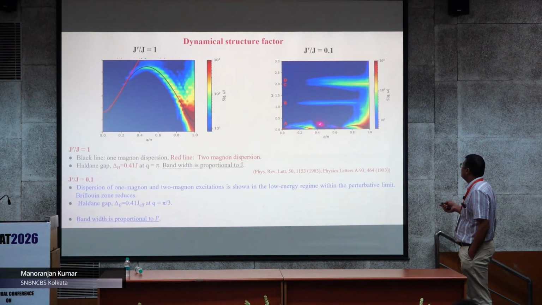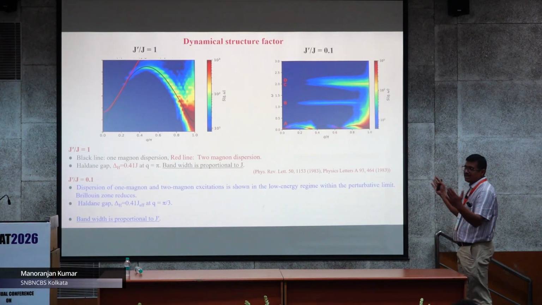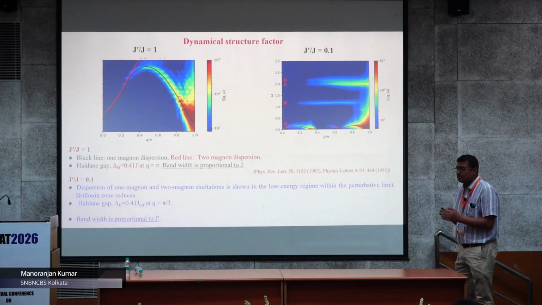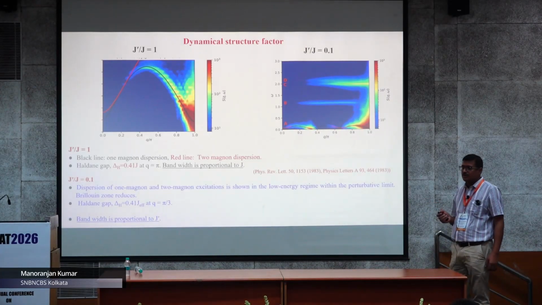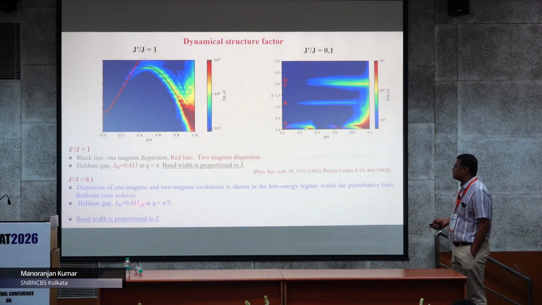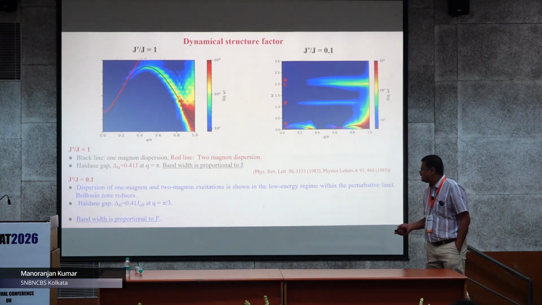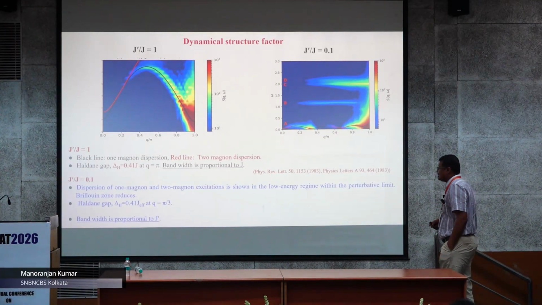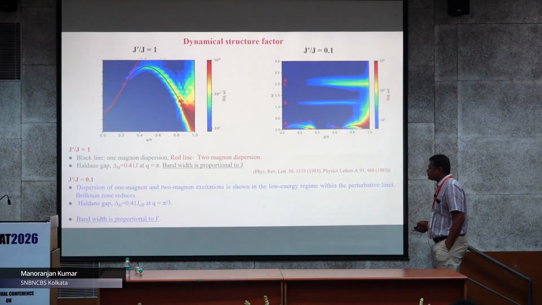The only thing now is that the Brillouin zone has shrunk to this, right, and at this point pi by 3 is now your actual zone boundary, and that's where the Haldane gap you should look for. And actually, if you zoom in, then you find that your Haldane gap is proportional to J effective. Okay, 0.41, that's a well-known number that Haldane and other people calculated.